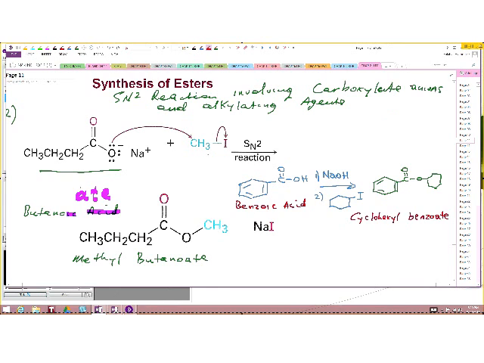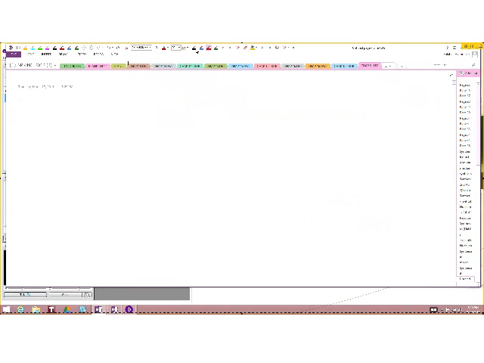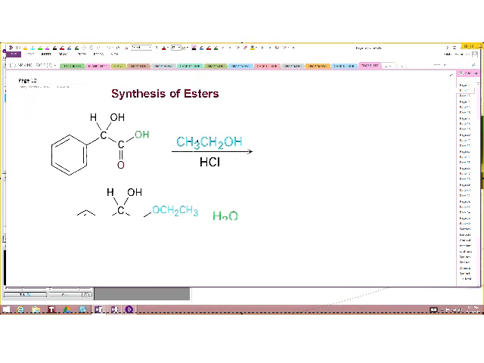Then we have method number 3, still the synthesis of esters, continued. Okay, as a matter of fact, I think I do have that on my PowerPoint slide here. Okay. Method number 3.